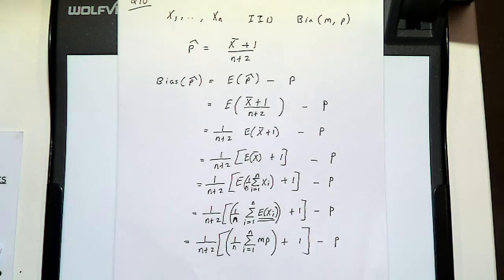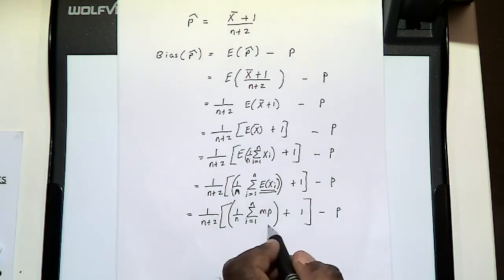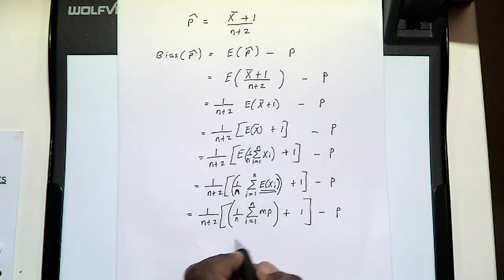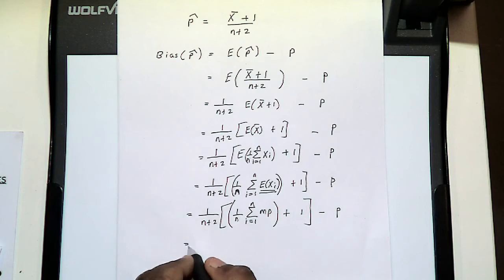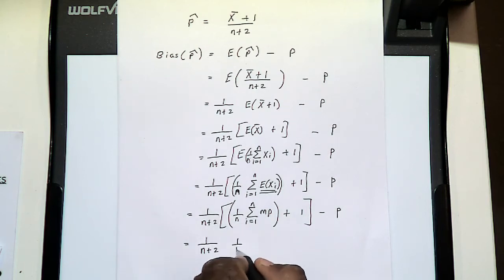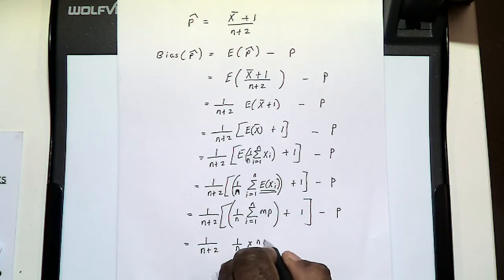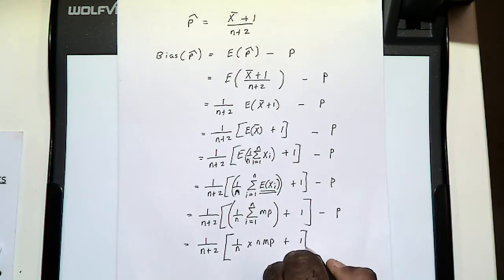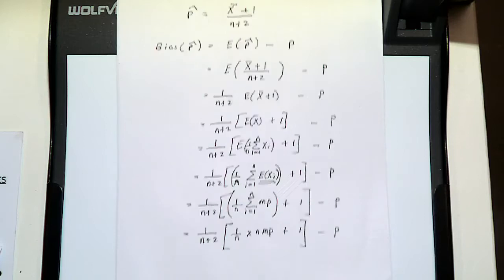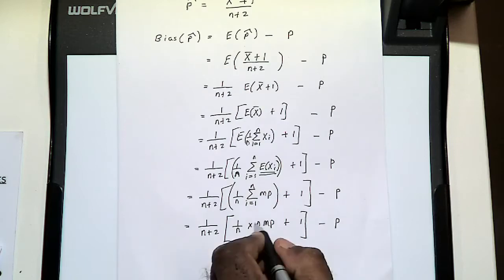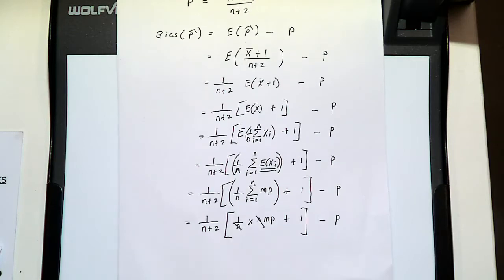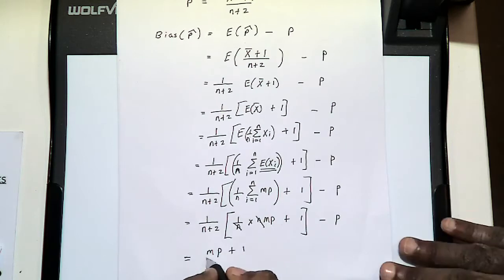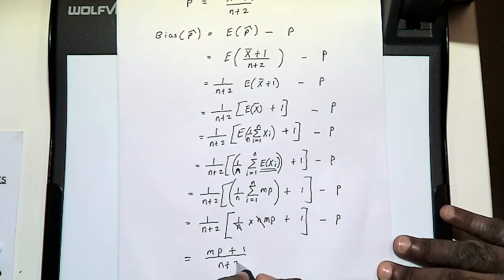Like this, yeah? Now mp is a constant with respect to i, so the sum is going to be n times mp. You follow me? Yeah, so the two n's cancel, so the final answer is mp plus 1 divided by n plus 2, minus p.